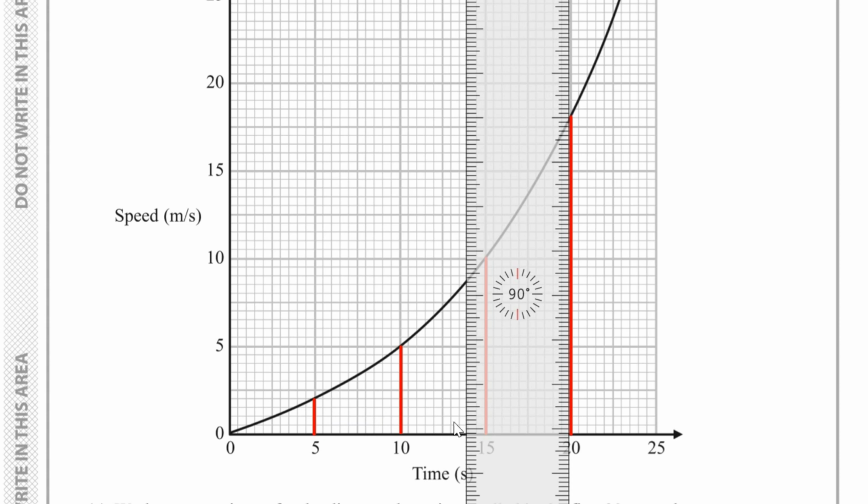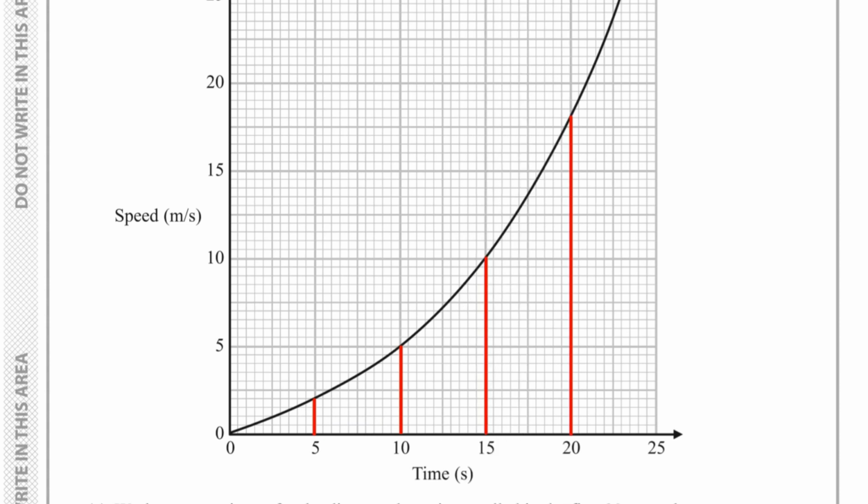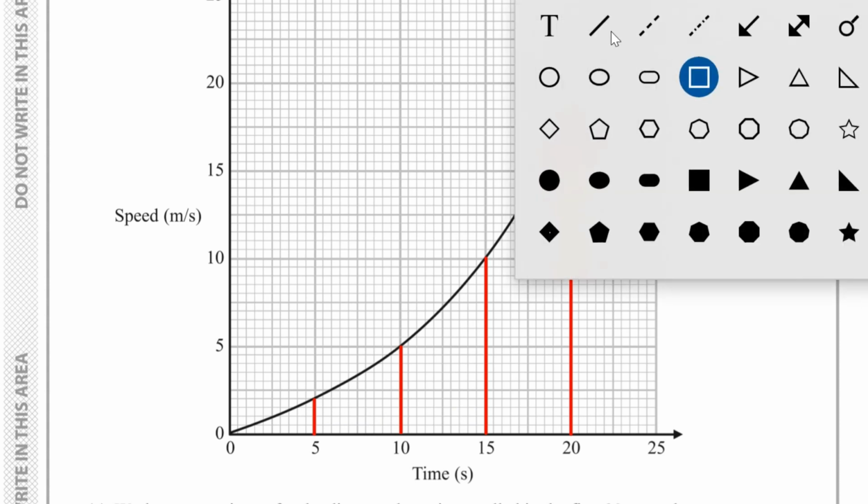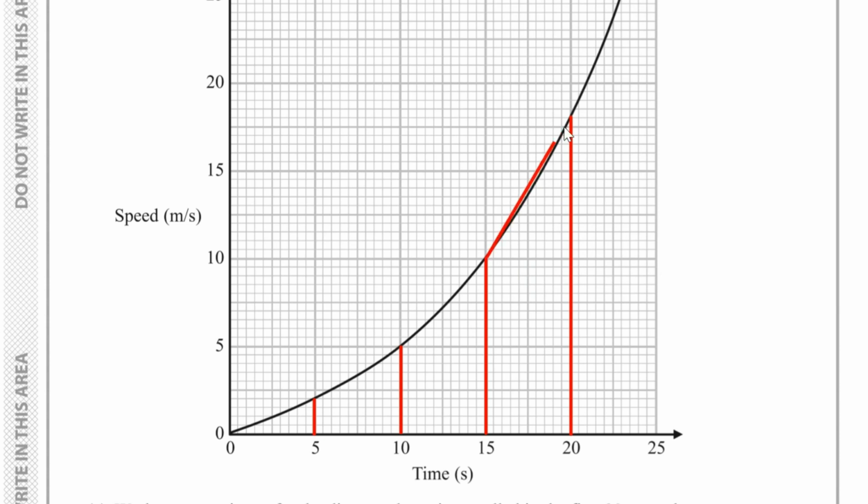So here we've got 4 equal strips. Then what we need to do is join all these together. Let's get a straight line, and if we join these together, you can see that the trapezia are over the curve.